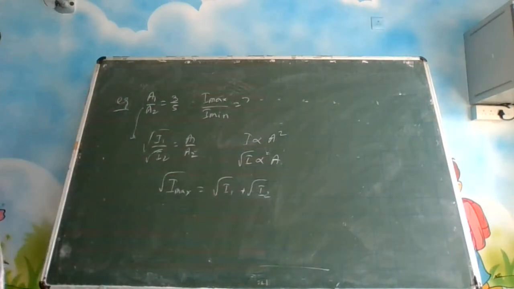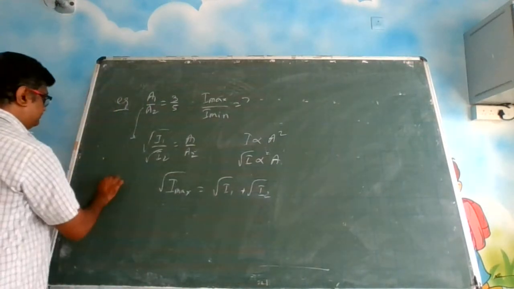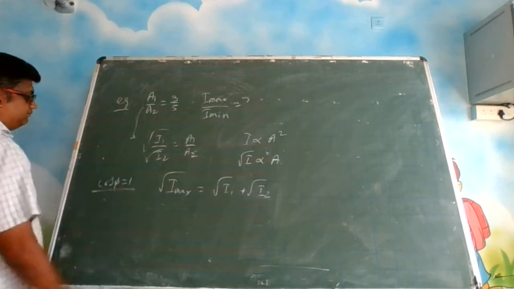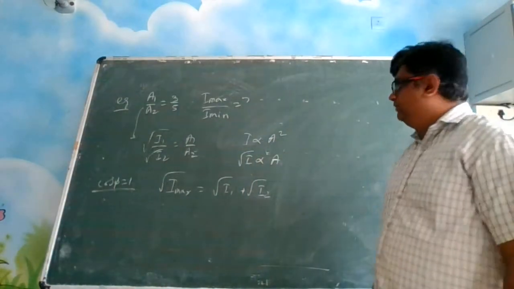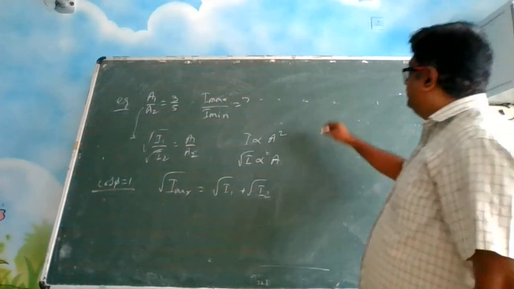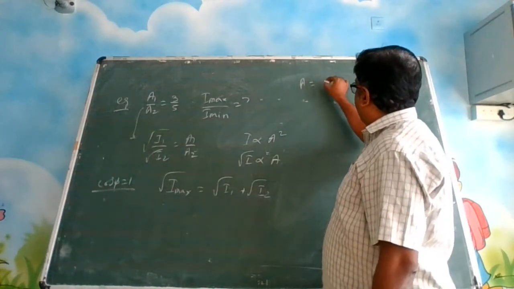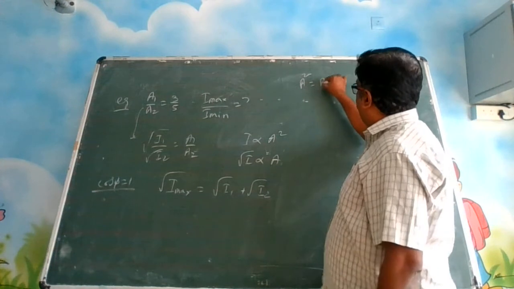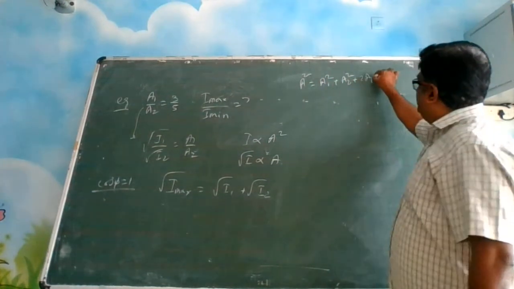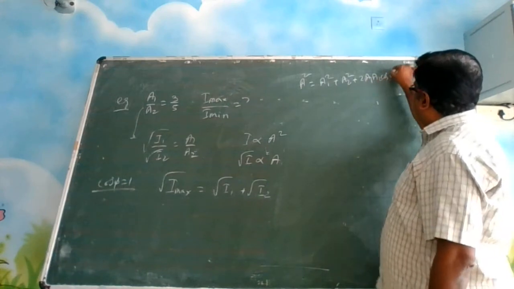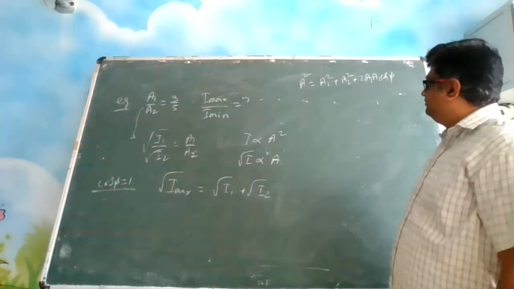And I have told you that this happens when cos phi becomes equal to 1. If you quickly want to recollect what we have done, from the basics, we have written that A square is equal to A1 square plus A2 square plus 2A1 A2 cos phi. Remember, this was the basic equation.